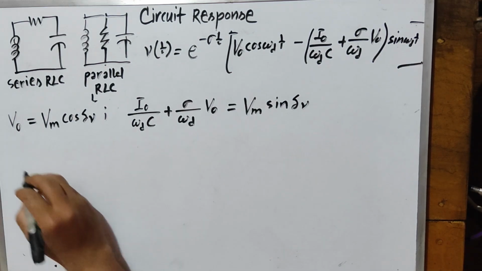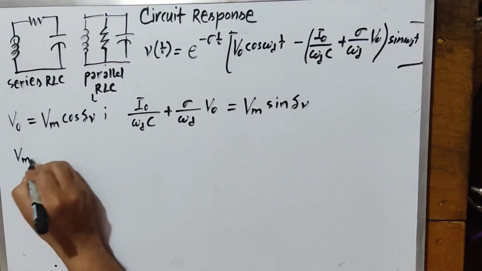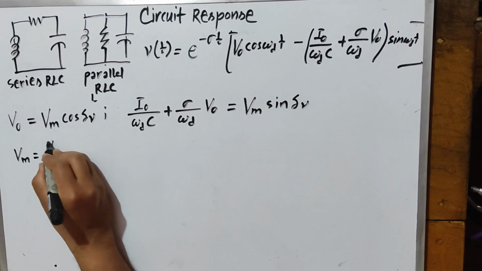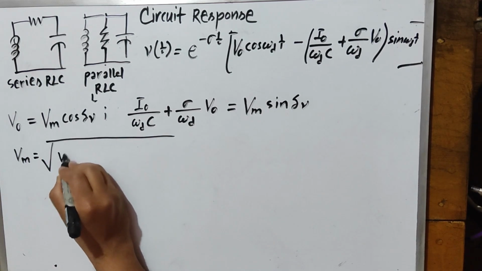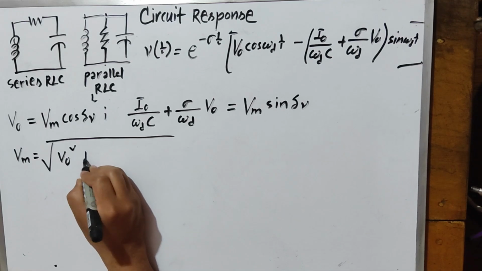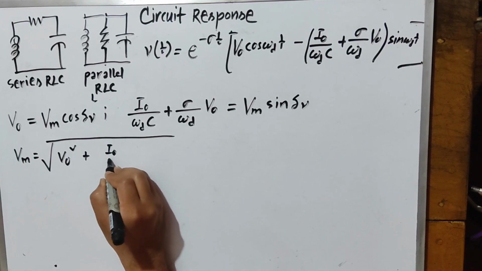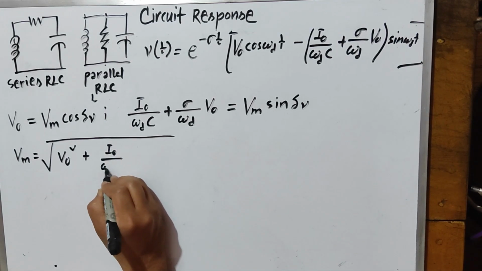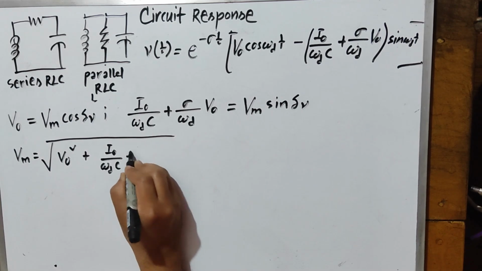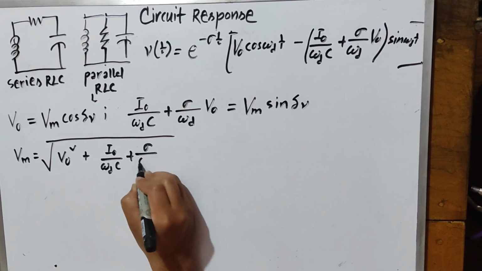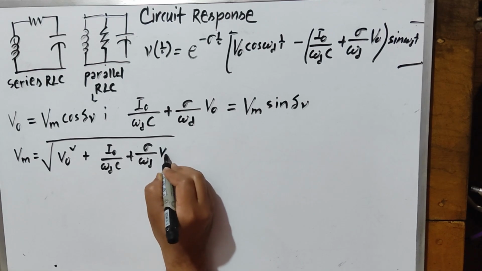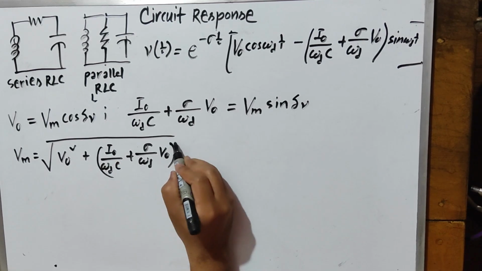Now Vm will become root over Vo squared plus Io by omega d C plus sigma by omega d Vo, whole squared.